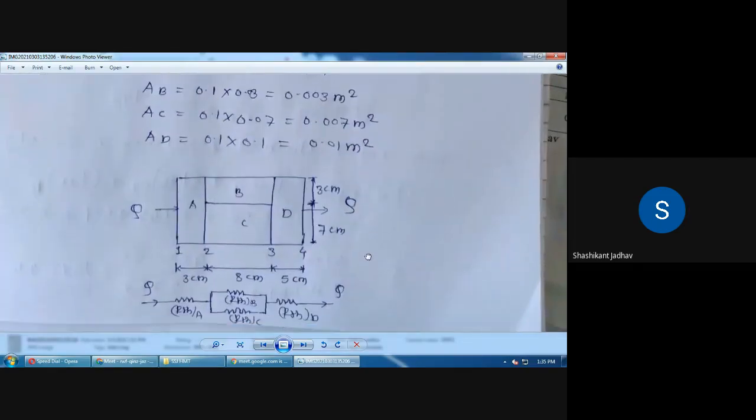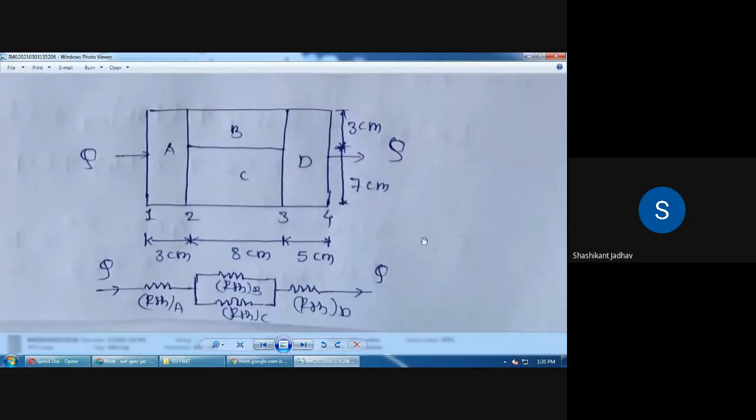आता ह्याचीच आपण रेजिस्टन्स डायग्राम पण ड्रॉ केलेला आहे. So draw this diagram. रेजिस्टन्स काय काय असणार आहे? प्लेट ए साठी थर्मल रेजिस्टन्स ए. आता हा प्लेट बी अँड सी is there and plate B and C both are parallel to each other. समजते बघा, बी आणि सी कशा आहेत तर एकमेकाला पॅरलल आहेत. So thermal resistance for plate B and thermal resistance for plate C, these two are parallel to each other, and this whole plate is in series with the layer A, and similarly series with the layer D. So in the resistance diagram we have to draw this diagram.